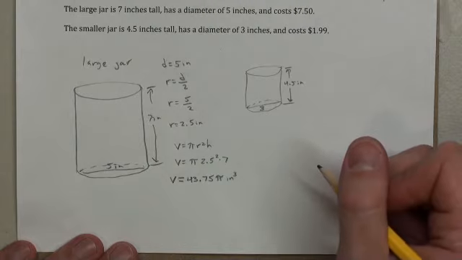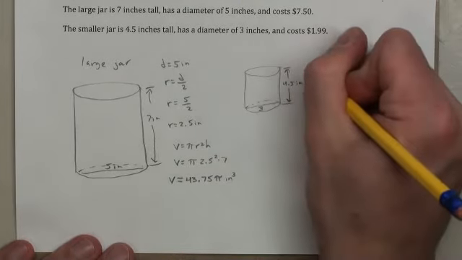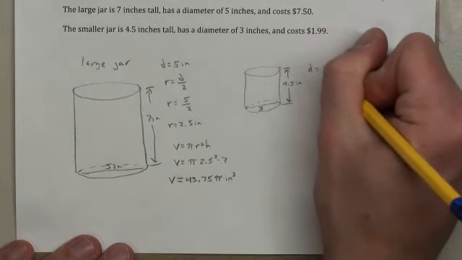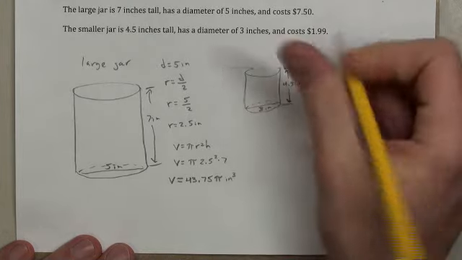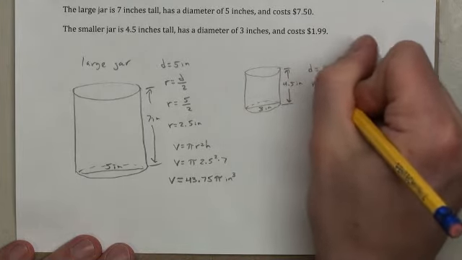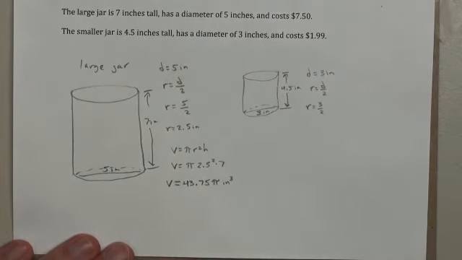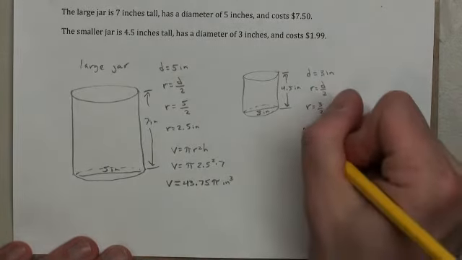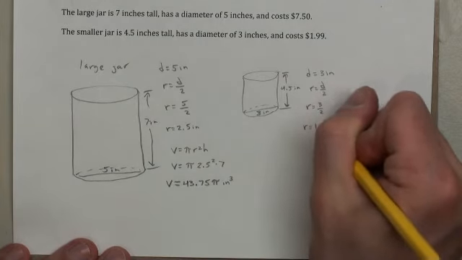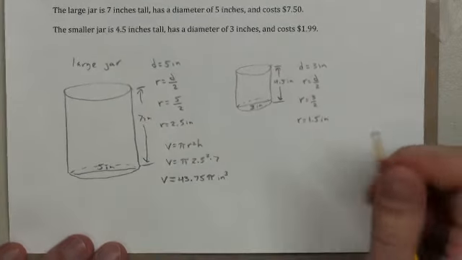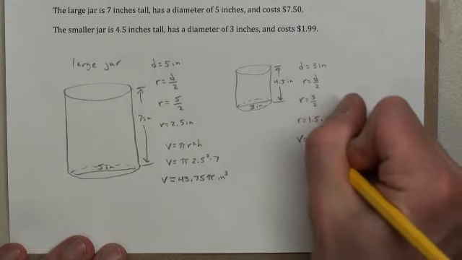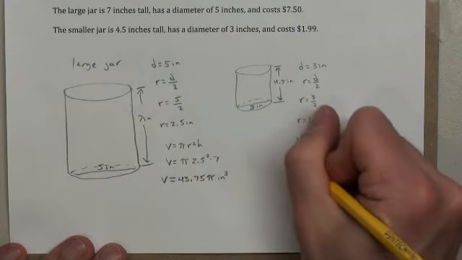Okay? So, same thing. D equals 3 inches. R equals D over 2. R equals 3 over 2. R equals 1.5 inches. Volume equals pi r squared h.